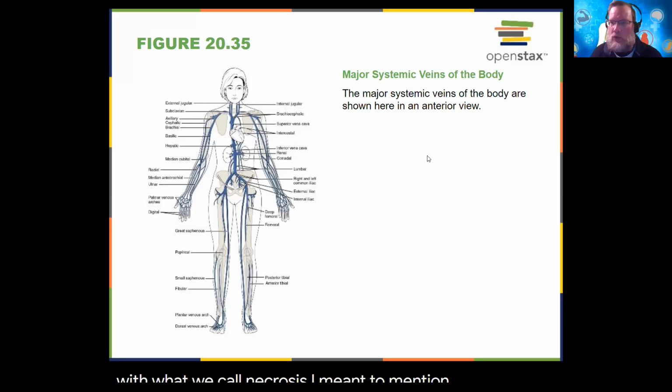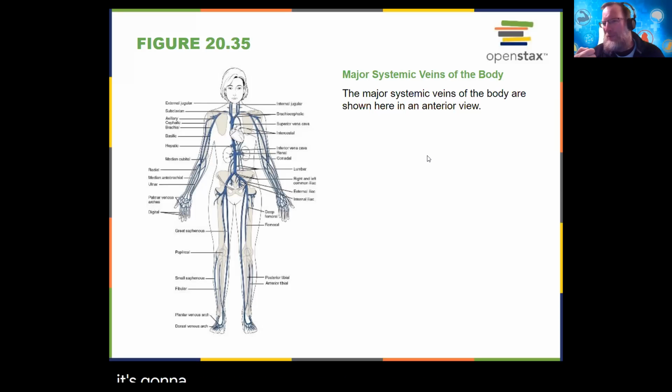I meant to mention that term earlier. Necrosis means tissue death. Going back to the atherosclerosis, if I get 100% occlusion of one of those arteries, then whatever's distal, whatever gets fed further down that line is not going to get any food. So the cells will die. We get what's called tissue necrosis.